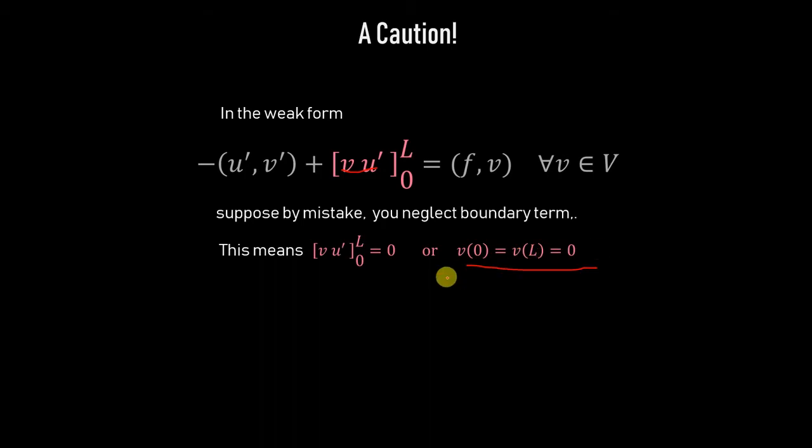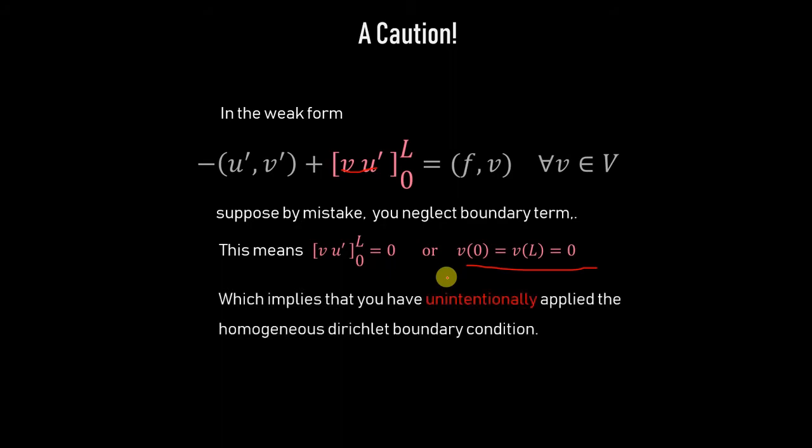This means that you have unintentionally assumed a homogeneous Dirichlet boundary condition to be applied at the boundaries. For the 1D case, it assumes that you have unintentionally applied the homogeneous Dirichlet boundary condition. So it's very important you keep track of this factor properly.